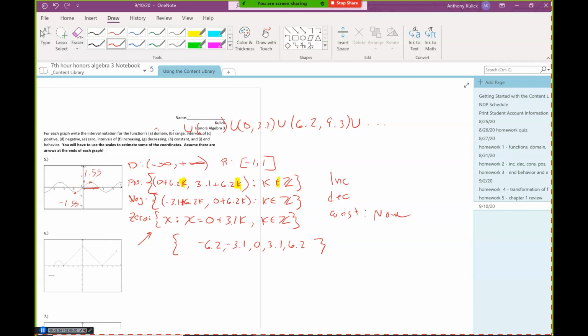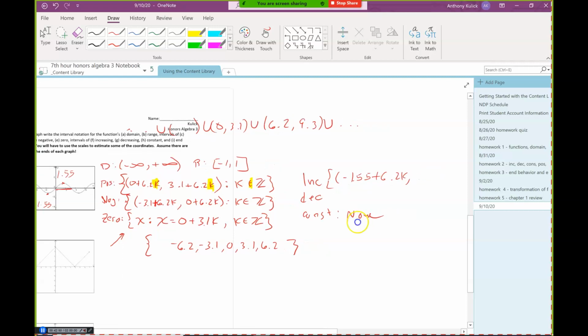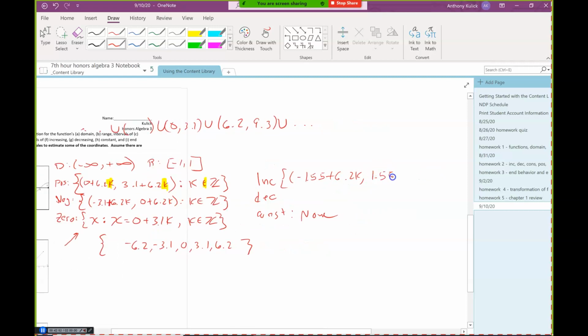If you had estimated that at something different, I wouldn't mark it wrong because I didn't label any points on there for you to use specifically. So I'm just telling you why I chose that as my estimate. So I have negative 1.55 plus 6.2k to positive 1.55 plus 6.2k such that k is an integer.